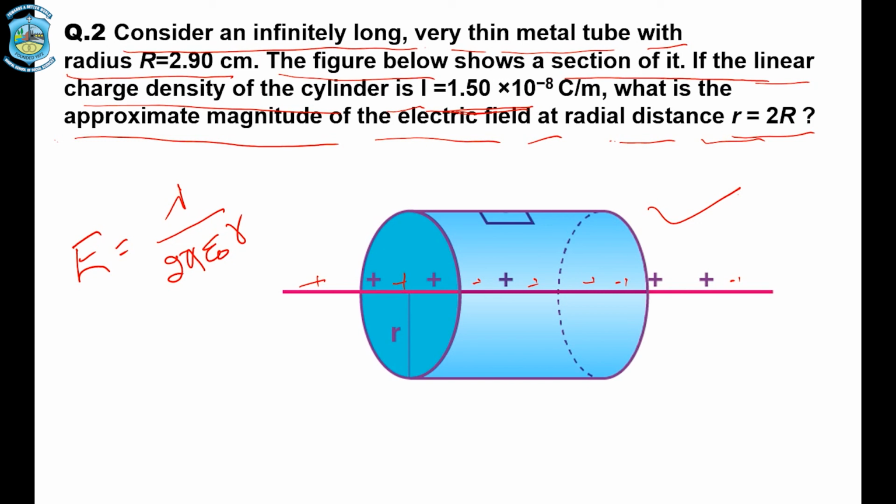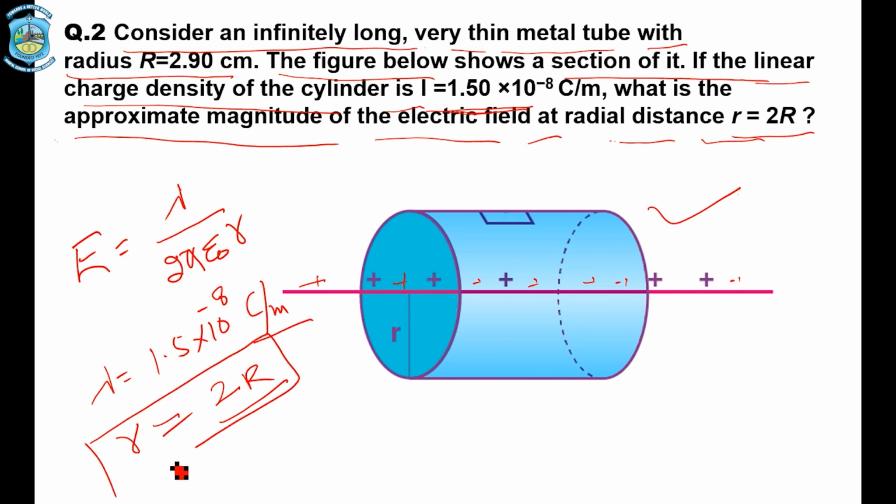Here we are given the value of lambda, that is 1.5 into 10 raised to power minus 8 coulomb per meter, as it is charge distributed per unit length, and r is also given, that is twice of capital R, the radius of this cylindrical Gaussian surface. And by using this formula we can calculate the electric field.